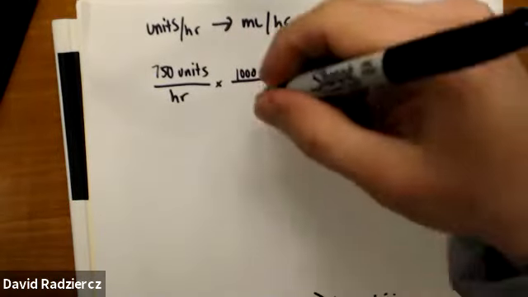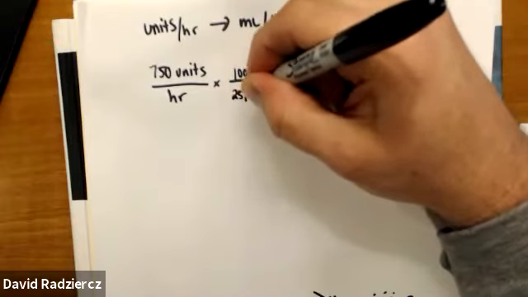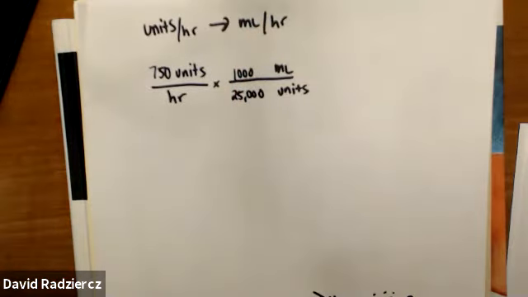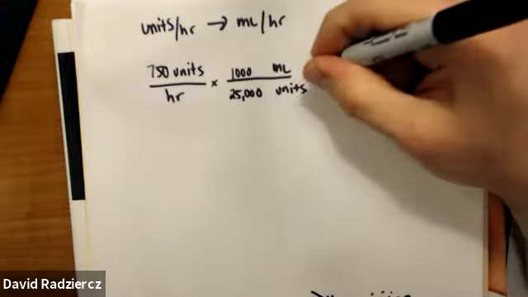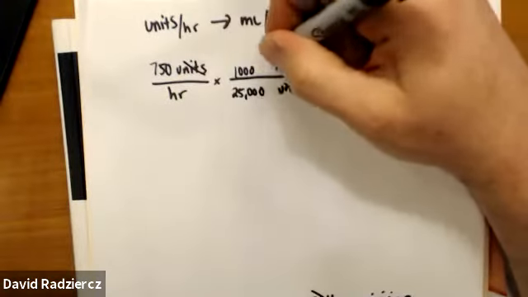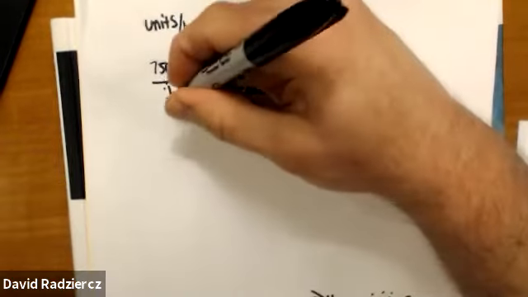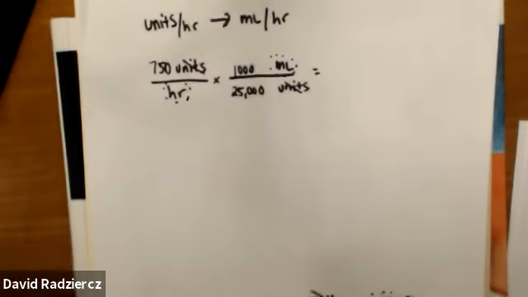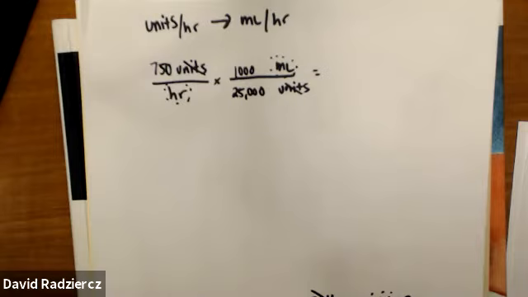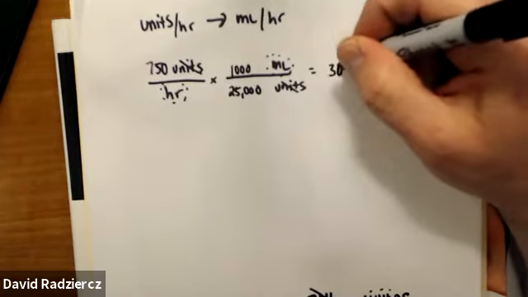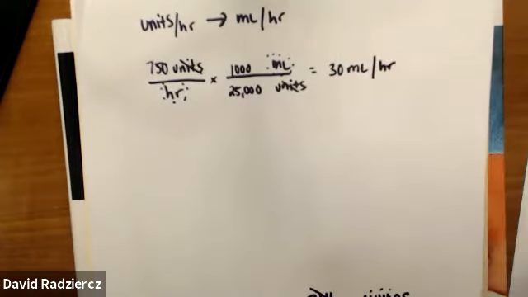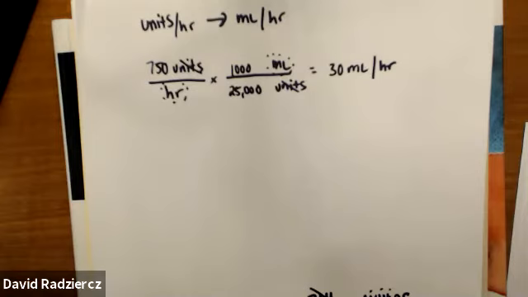And then we said 25,000 units. We know we're doing this right because we've eliminated units. We're left with milliliters per hour. And when I do 750 times 1,000 and then divide it by 25,000, I get 30 milliliters per hour. So that was actually question 22. I know I read the question 23, but that was question 22.